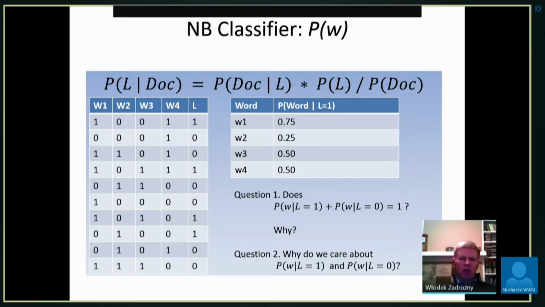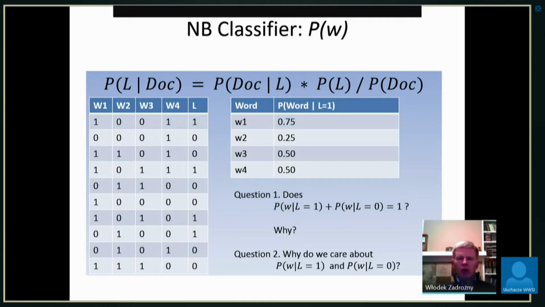This is the case because in 3 out of 4 cases, word 1 is present in the document labeled with label 1. For word 2, this probability is lower, it's only 25%. And for word 3 and word 4, the probabilities are both 50%.